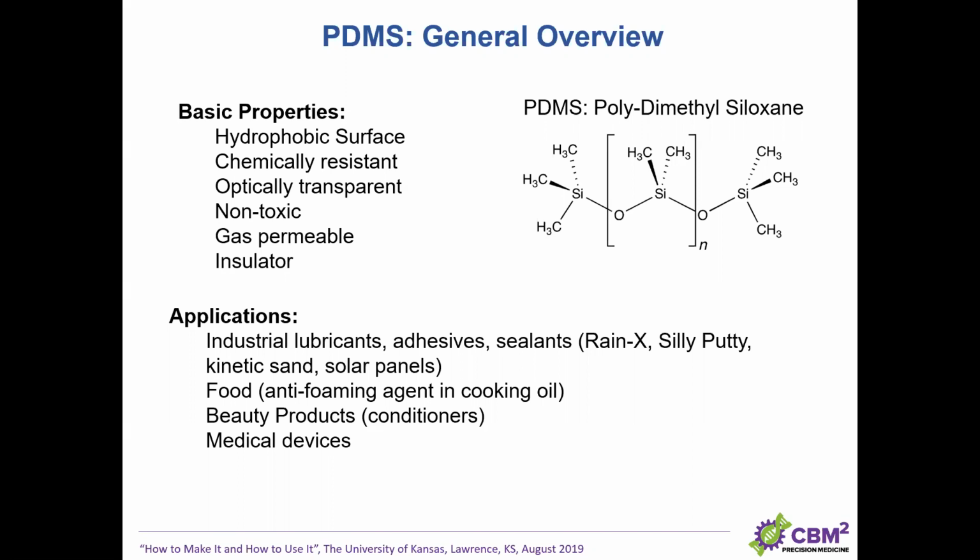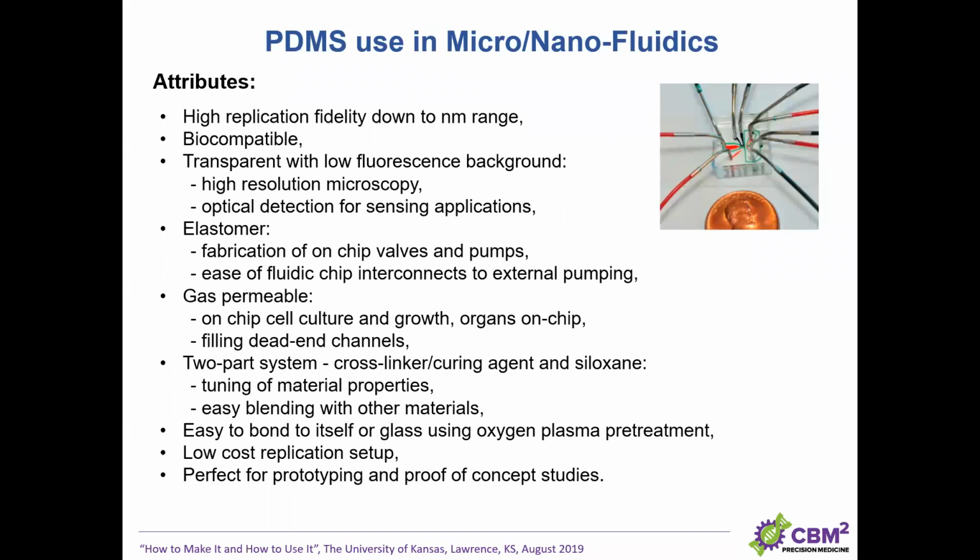So what made it especially useful for microfabrication is that you can get really high replication fidelity down to the nanometer range. The material is biocompatible, so you can culture cells in the material, organs on chip.